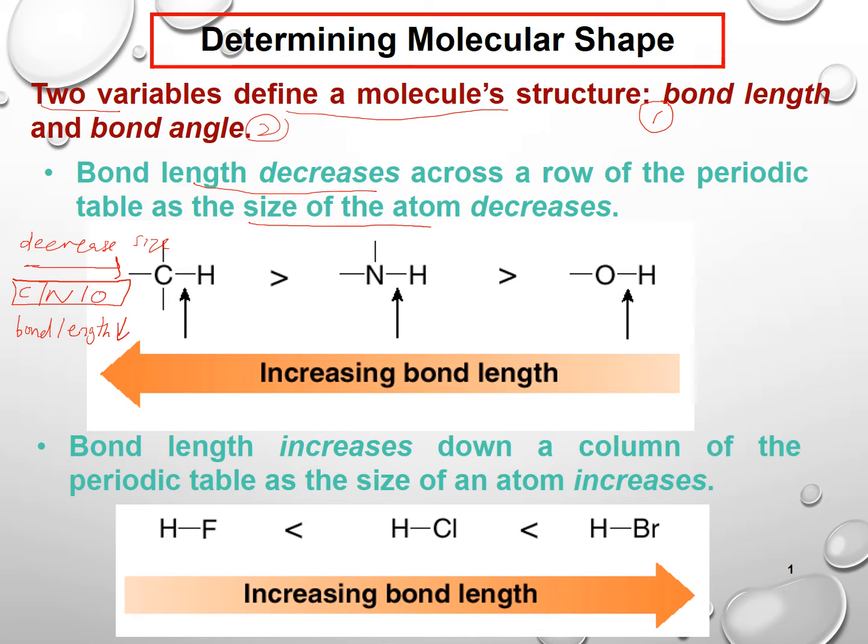Okay, decrease. For example, we have C-H, so C lagi besar daripada H. And then N ni dia lagi kecil daripada C. And then kita ada O, dia lagi kecil daripada N. Jadi semakin dia kecil, kalau kita tengok sini, ni size dia besar, jadi length dia akan jadi panjang, dia akan jadi longer.